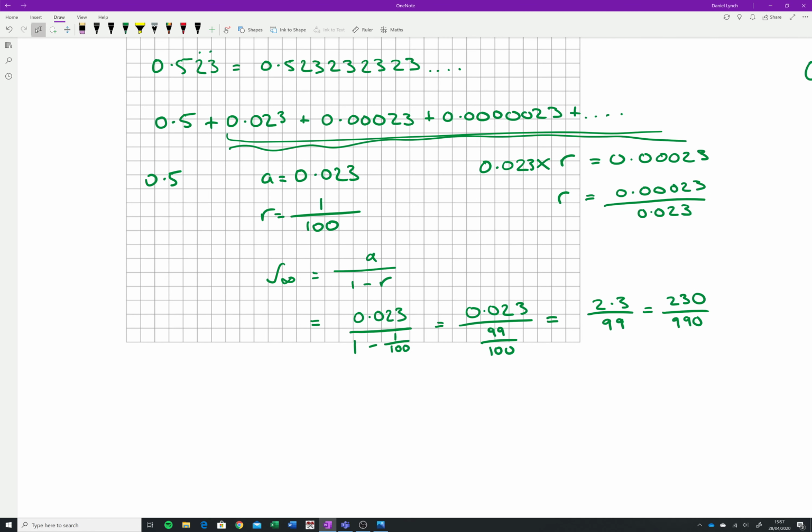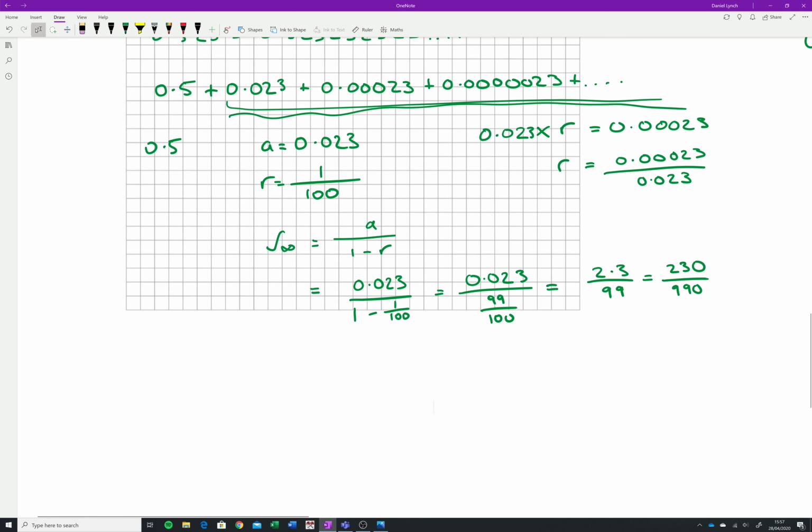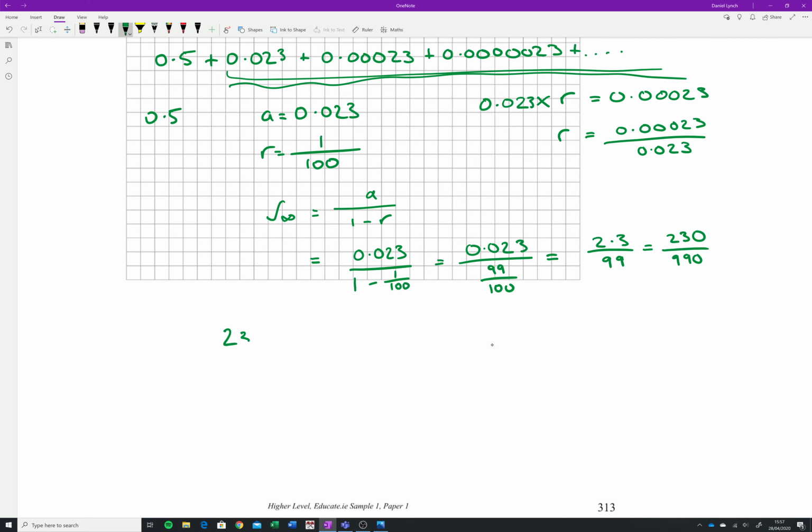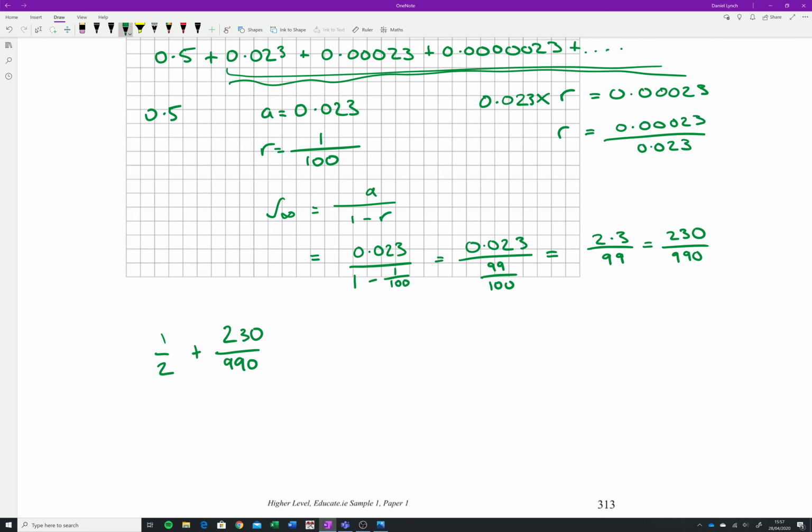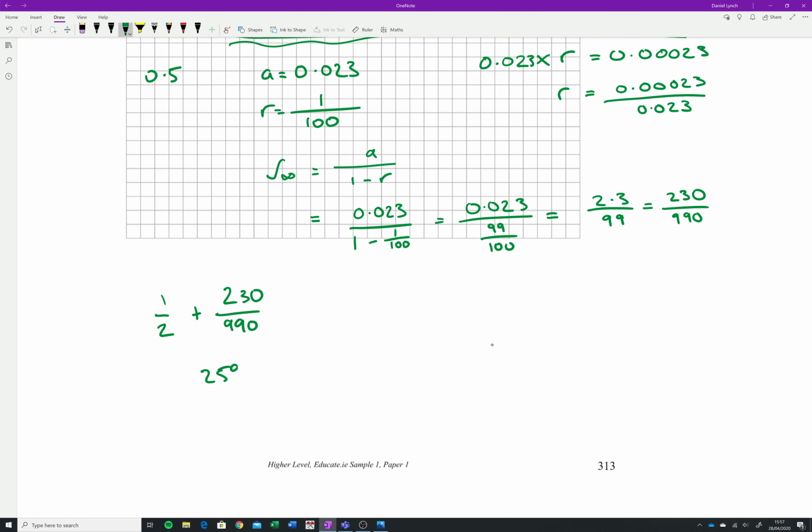So if you just do plus 0.5, we see 230 over 990 plus a half, and my calculator is saying 259 over 495. And if you press the SD button, it comes up as 0.523232323, etc. So you know that you then have the right answer. Okay, and you can go from there.